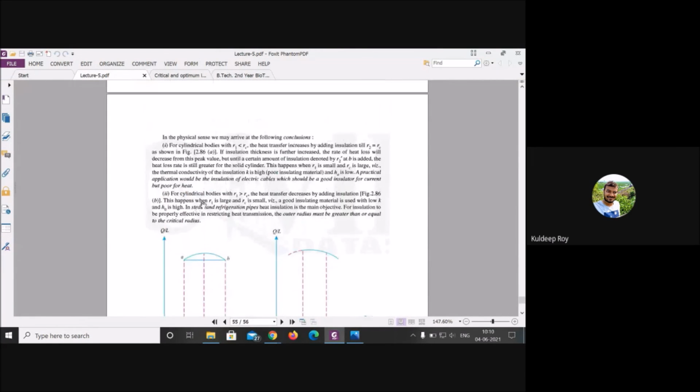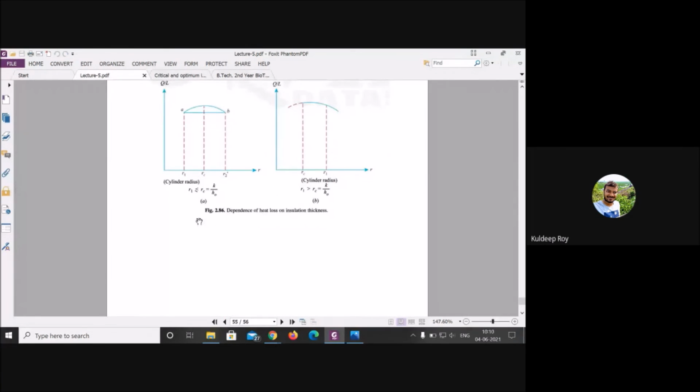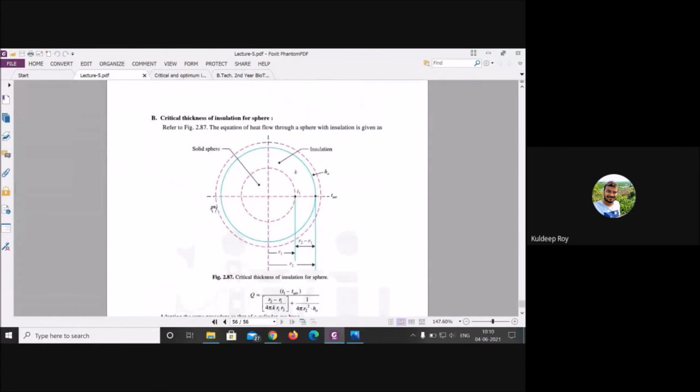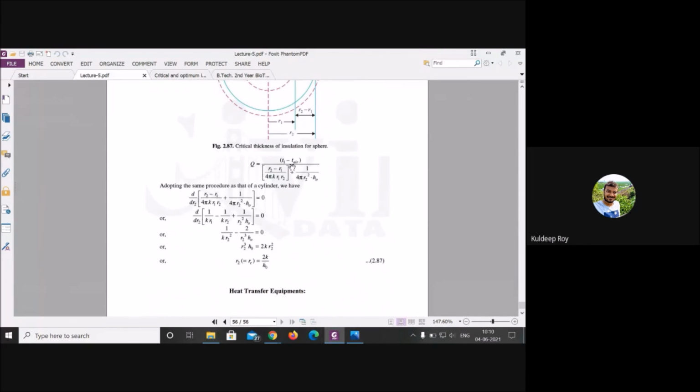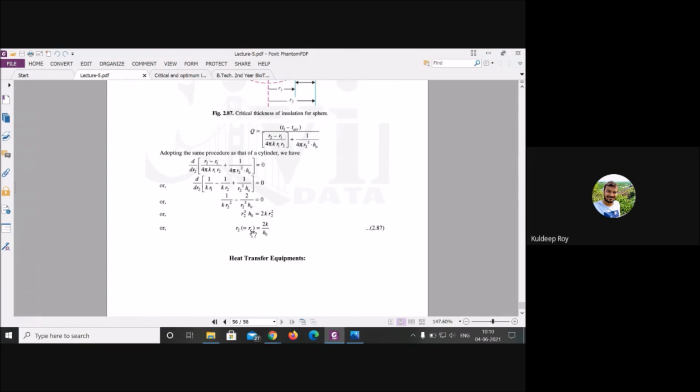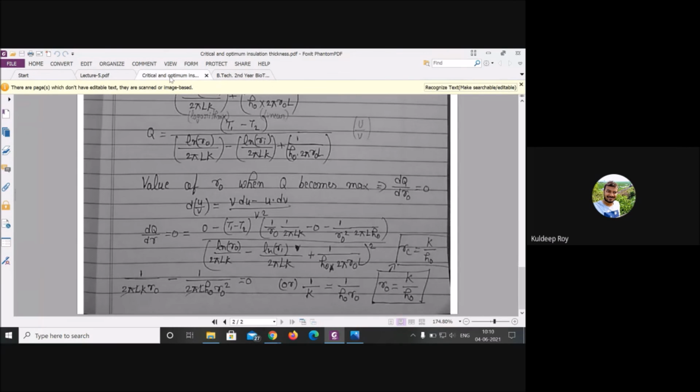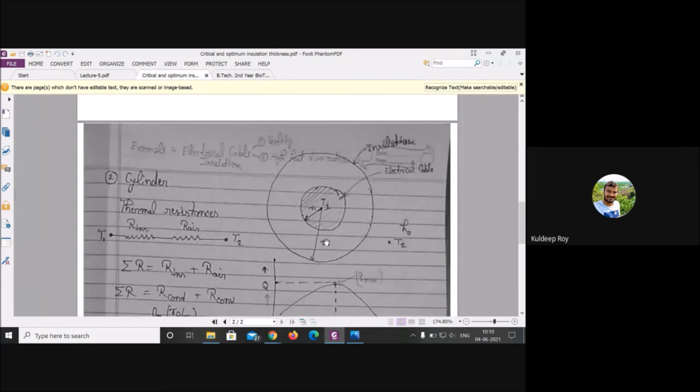Okay, these things are theory, just go and read, there is nothing new. And this is for the cylinder. When you do the differentiation, same thing, you will get a value again, but here the value will be different. R2, or you can say the RC, is equal to nothing but 2K divided by H naught for the sphere. For the cylinder, how much have you got?